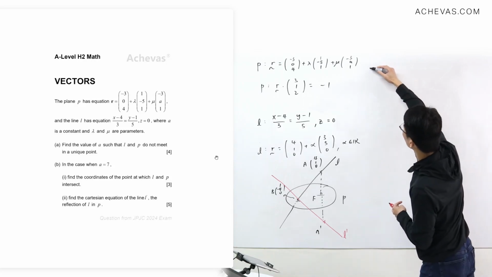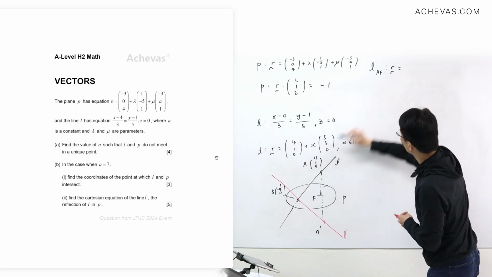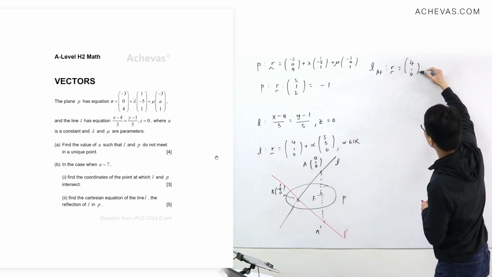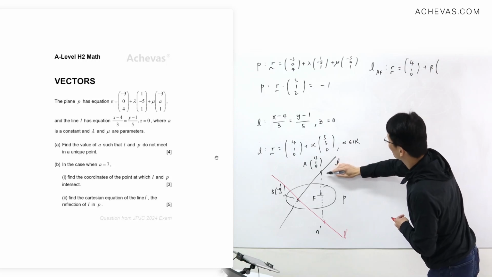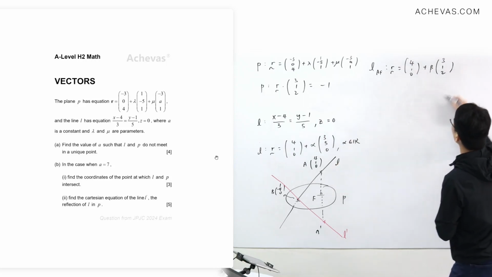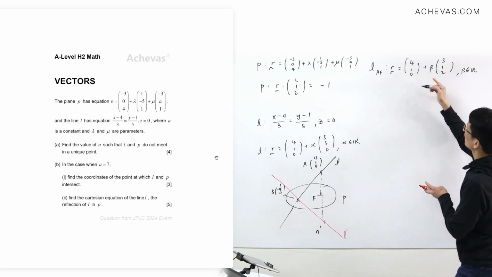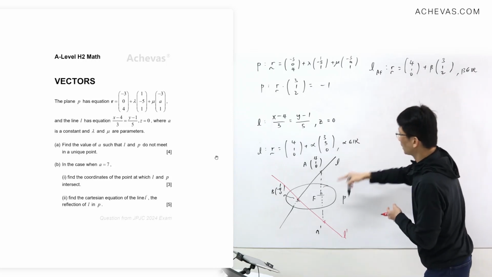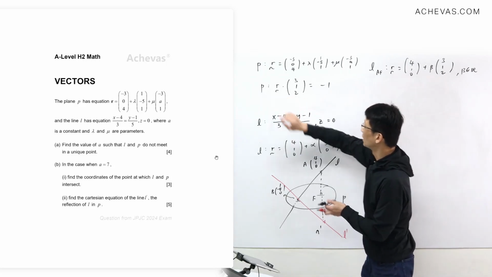Let's do it this way. So the line AF will just be r equal to (4, 1, 0) plus, maybe I can call it beta, times the normal of the plane, which is parallel to this line, which is (3, 1, 2), where beta is real. So I'm going to use this equation of the line to intersect the plane, putting this entire expression into the equation of the plane.